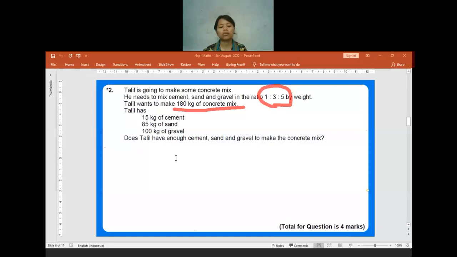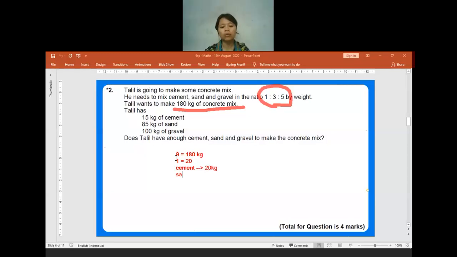So in total 1, 3 and 5 will be equals to 9. 9 is equals to in total 180 kg. So now we need to find the 1. 1 will be equals to 20. So now for the cement it will be equals to how many? 20. Yeah, so the cement will be 20 kg.